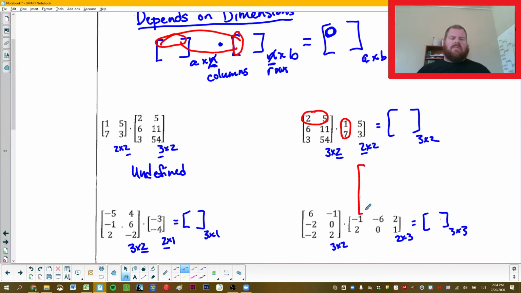So it's going to have 3 rows and 2 columns. So I'm going to take 2 and multiply it by 1. Actually, I'm going to give myself a little bit more room here so I can not do any mental math. So it comes from 2 times 1 plus 5 times 7.